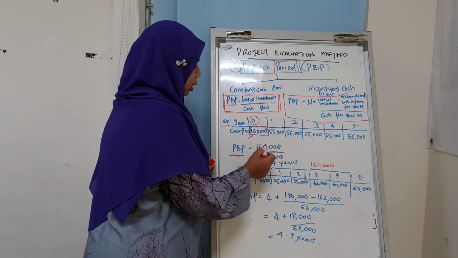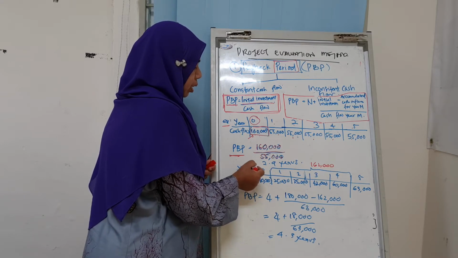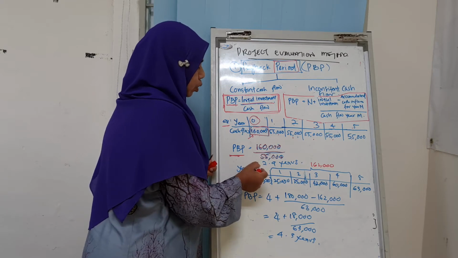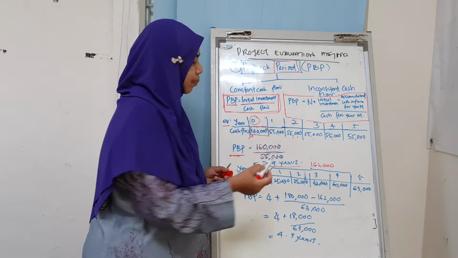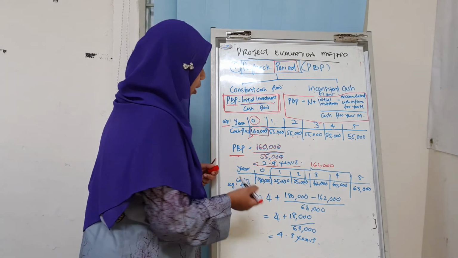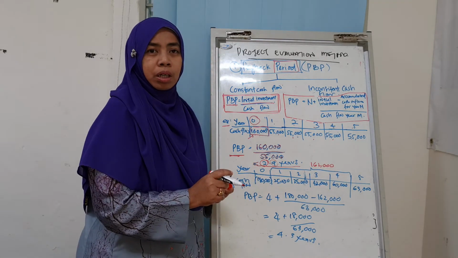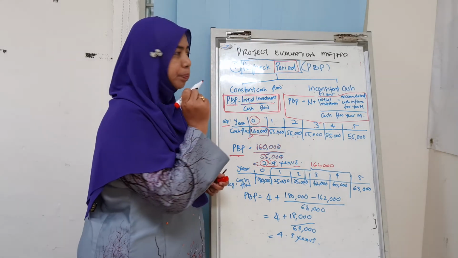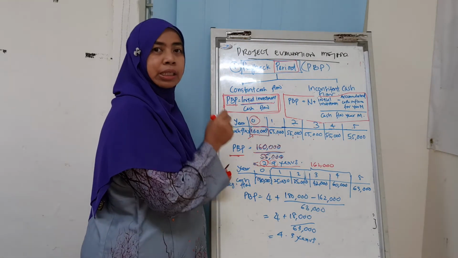So 160,000 divide by 55,000. That means the project will be finished within 2.9 years. Okay, 0.9 years ni kalau nak tengok berapa bulan, dikalikan 12 bulan. Right, so this is the payback period for the constant cash flow.